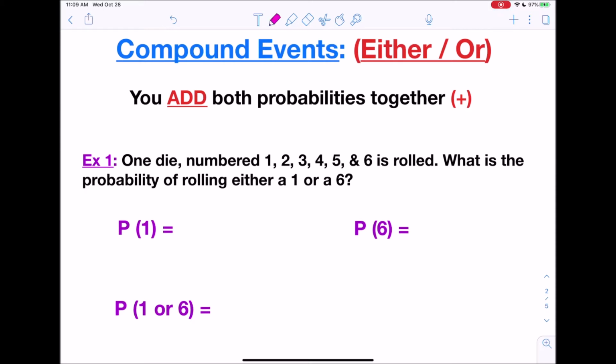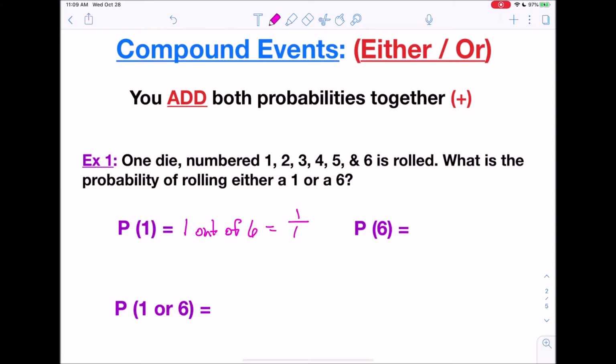So we find out the probability of each one first. The probability of getting a 1 when you roll a die is going to be 1 out of 6. Each die has 6 sides, each side's numbered differently, and there's only one 1, so 1 out of 6.